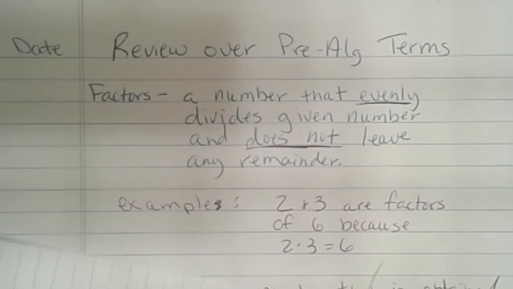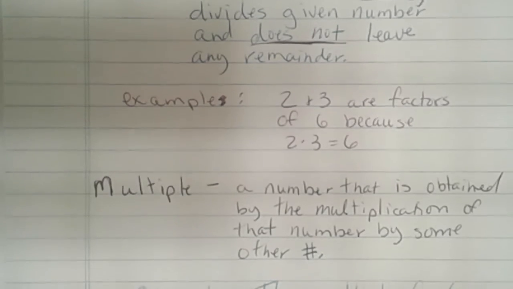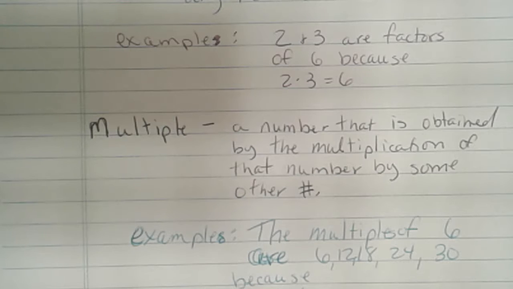Okay, your next definition is multiple. A multiple is a number that is obtained by the multiplication of that number by some other number. Okay? So examples. If I ask you for the multiples of 6, some of them are 6, 12, 18, 24, and 30.